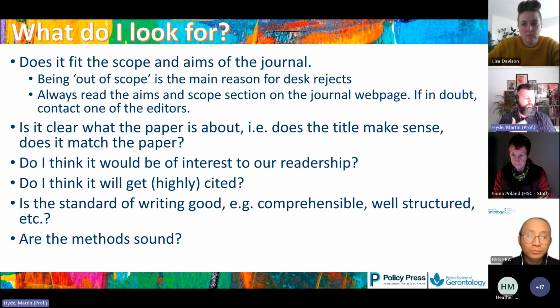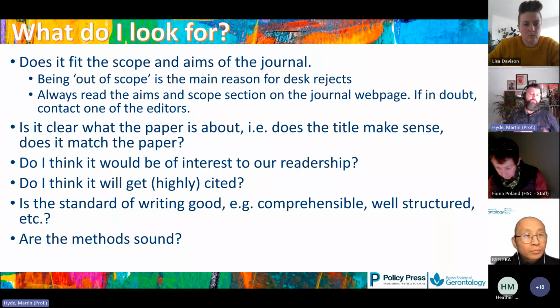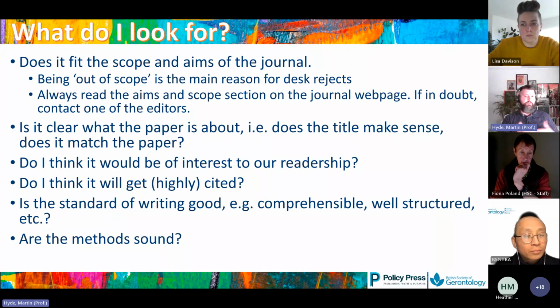So you could do all this work, writing your paper, getting it in really good shape, and then send it to a journal which you think, maybe because of the title, or maybe someone's recommended it to you, or someone's had a good experience there, is worth sending it to, but it's not in scope, it's not what the journal's looking to publish, and therefore the editor's just going to send it straight back to you.